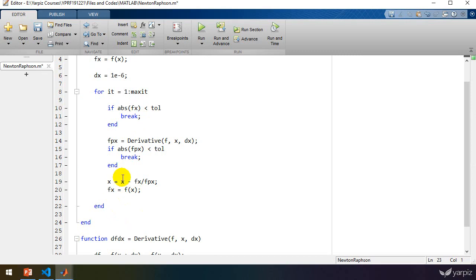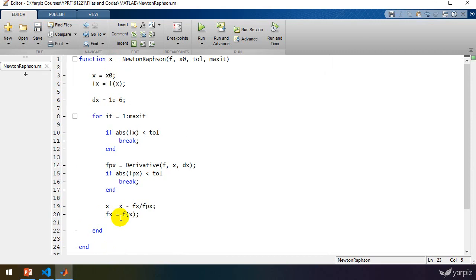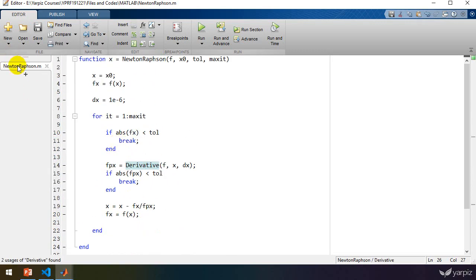And here, because we assigned x, there is no need for any statements in the form of return or anything similar. Okay, that's it. We created the Newton-Raphson method here, and we have the derivative here, and I'm going to use this.